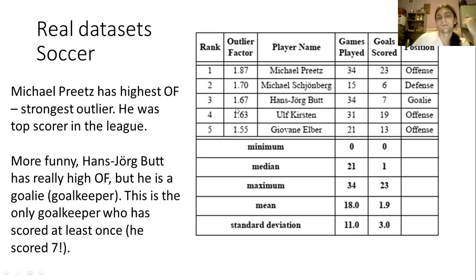He has a 1.67 outlier factor, but what's interesting is that he is a goalie, or goalkeeper, and this is the only goalkeeper who has scored at least once, and more, he scored 7 times in the league. And this is a very interesting outlier in this data.